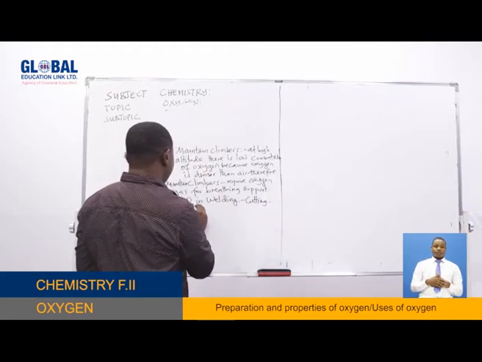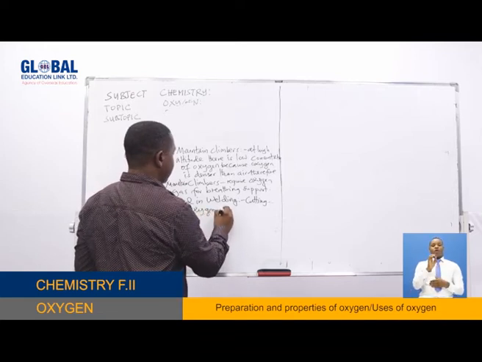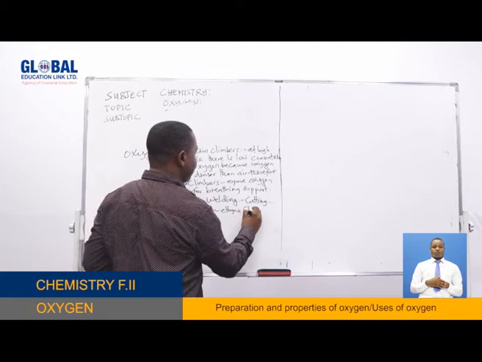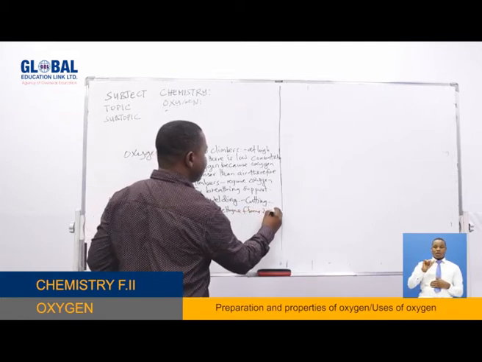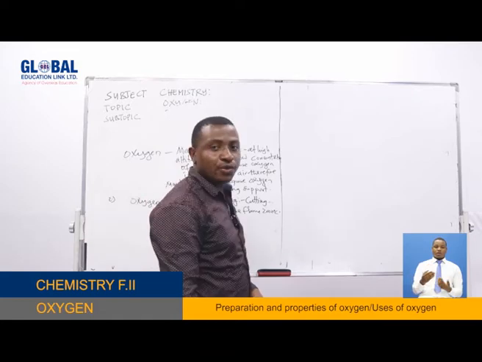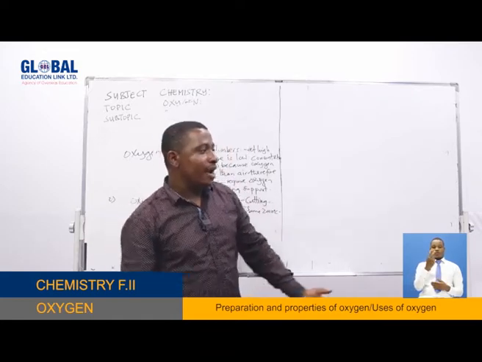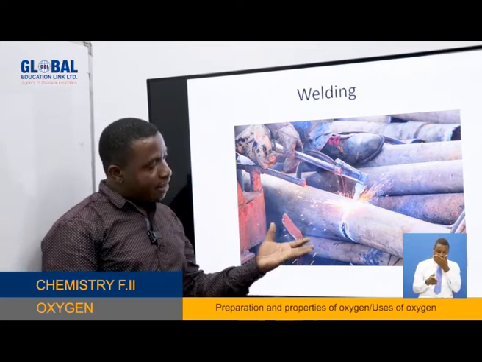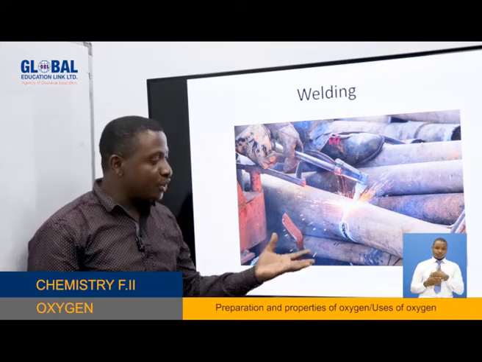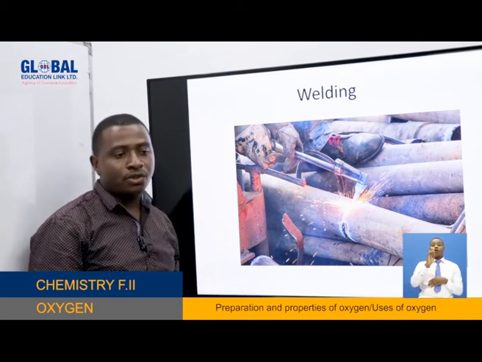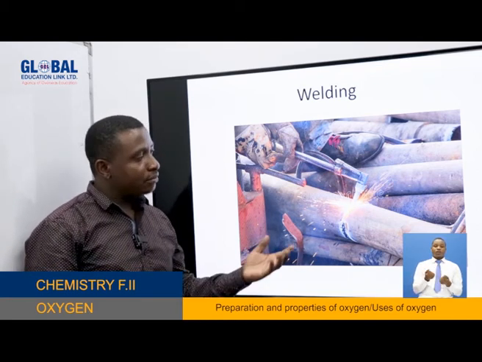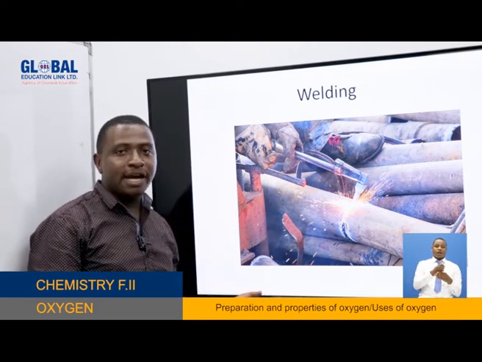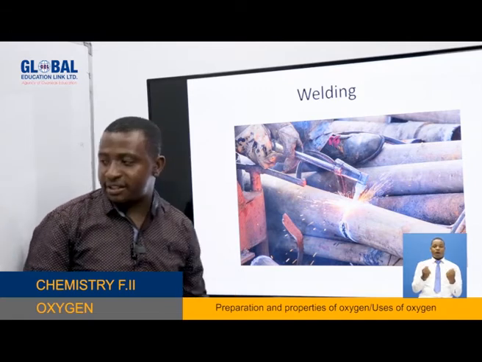This is from an oxygen-ethane flame, which is about 2000 centigrade. This is used in welding. You can now see an example: someone is doing a process of welding, using oxygen in this process. So it can be used in melting metals, cutting some hard metals, and many other activities.